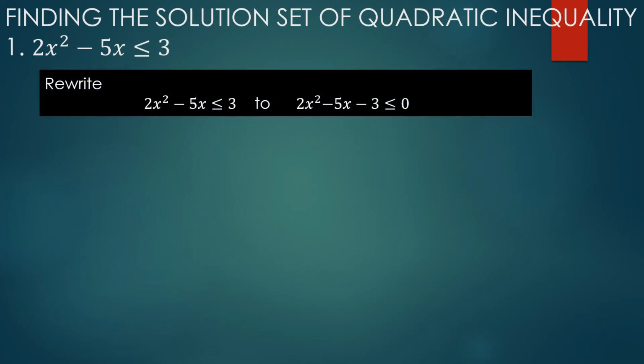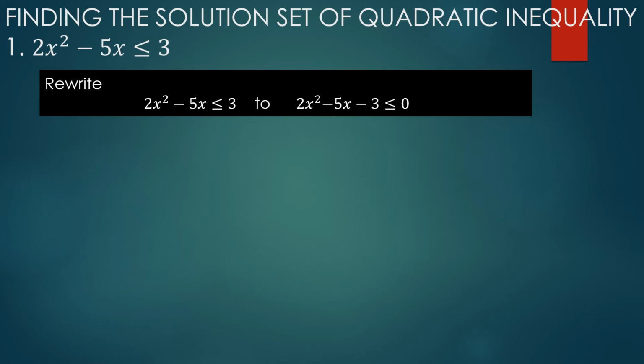Okay, so ganito. I-follow lang natin yung mga steps. Dito, since iba yung arrangement ng inequality natin, i-arrange natin siya. So, i-rewrite natin siya. From 2x squared minus 5x is less than or equal to 3, magiging 2x squared minus 5x minus 3 is less than or equal to 0.